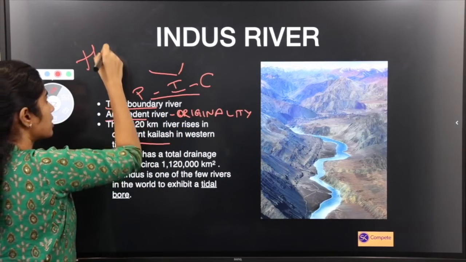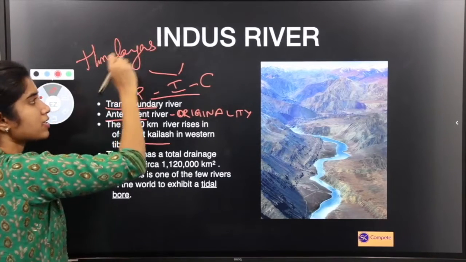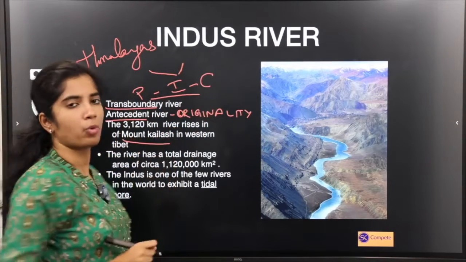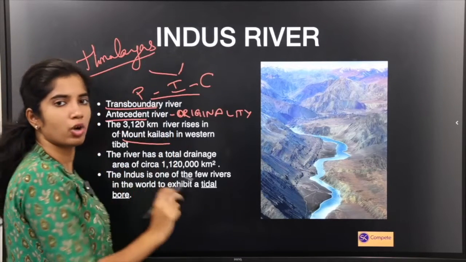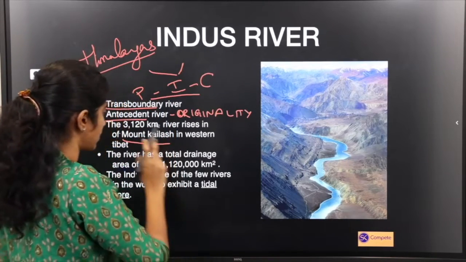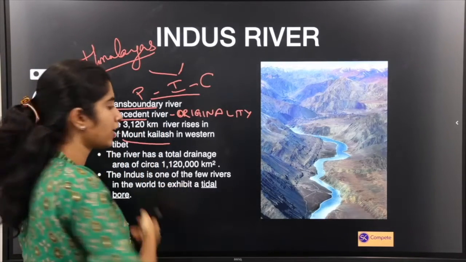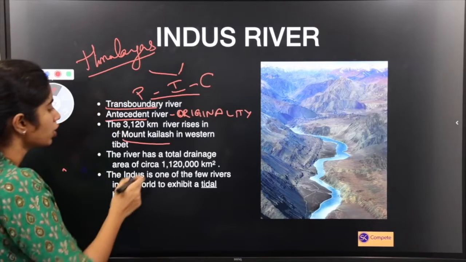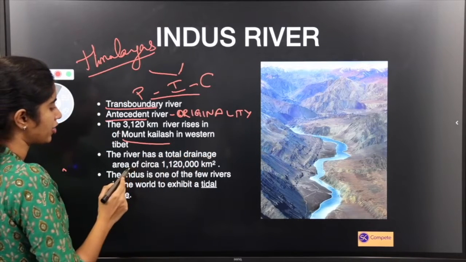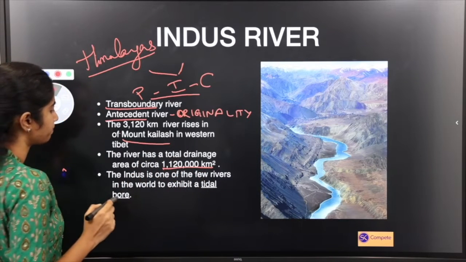When the Himalayas were uplifted a few million years ago, the Indus had already originated near Mount Kailash. Even after the Himalayas uplifted, it did not change its course. It flows through the Himalayan mountains, entering Pakistan, then emptying into the Arabian Sea. This river has a total drainage area of 11,20,000 square kilometers.